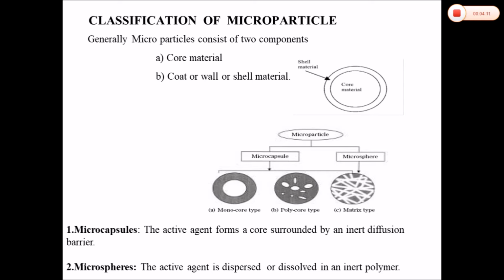So we have to convert those vitamins or some volatile liquids with subsequent retention of the liquid core materials during extended storage. This is one example of stabilization. So stability enhancement by microencapsulation plays a very important role.